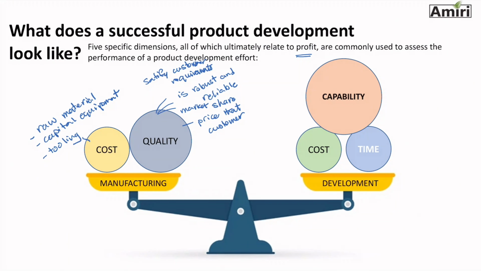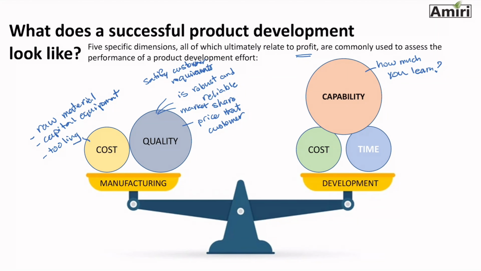Did they learn from this development process? And are they able to use this to better develop future products and use it to the benefit of the company? So capabilities talk about how much you learned throughout this process.